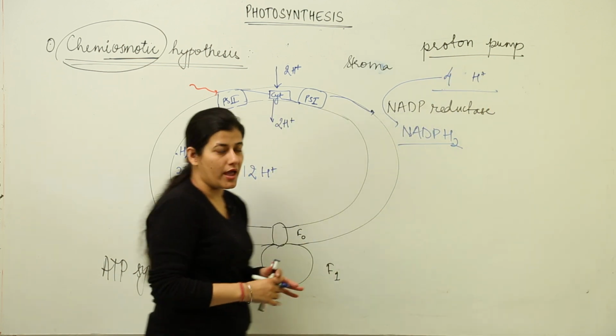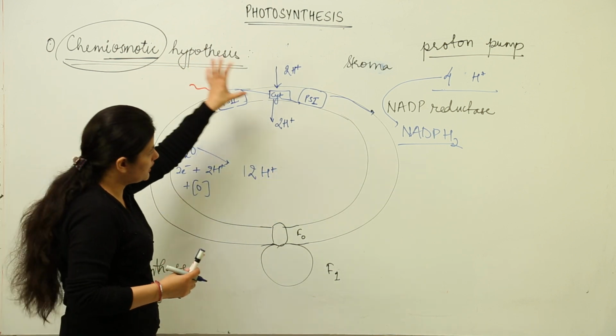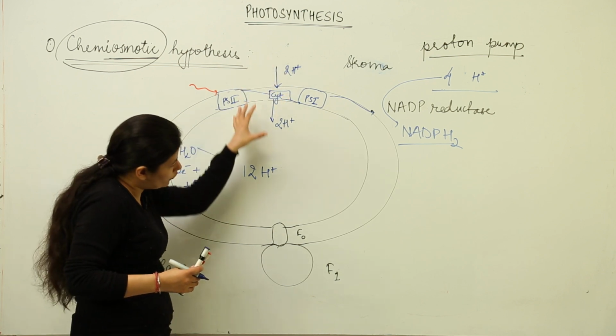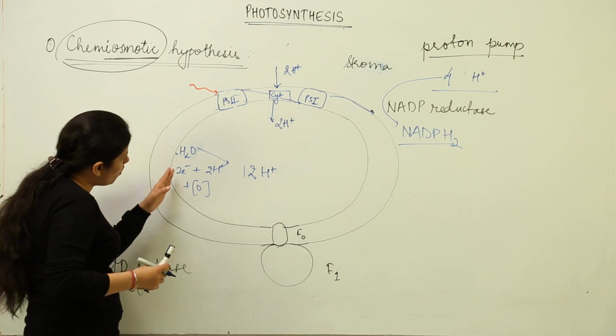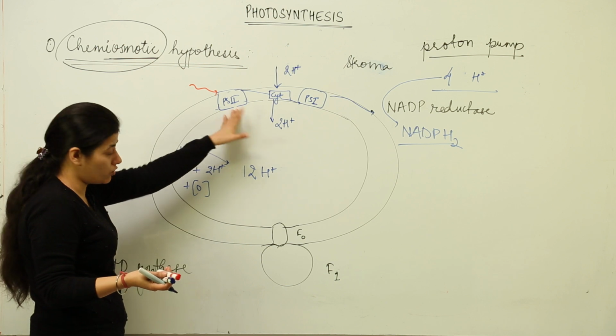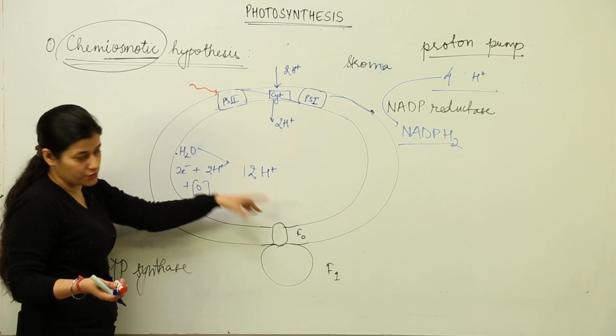So now compare these 3 points. First, the electron got excited, it came in contact with cytochrome, which took the protons from the stroma and threw them inside the lumen. Second, inside the lumen, in order to meet the energy requirements of the photosystem, which had lost its electrons, there is splitting of water and there is further addition of protons into the lumen.